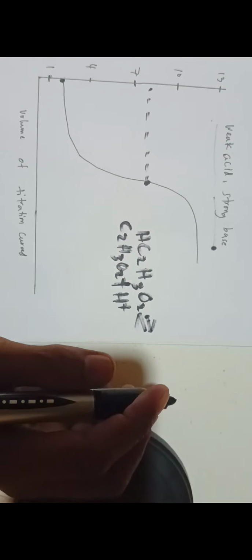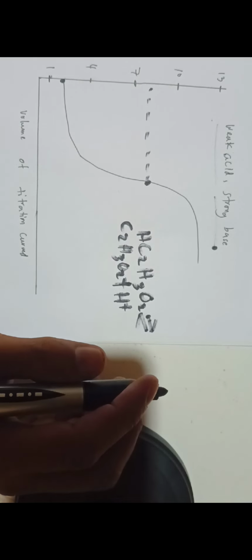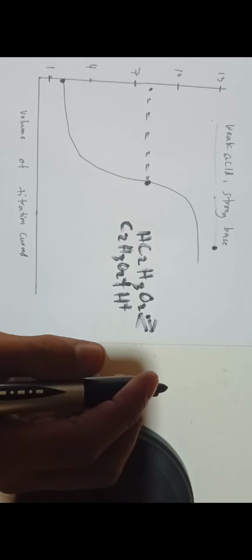But remember, it's only partial dissociation. Because acetic acid is a weak acid, its conjugate base is stronger.